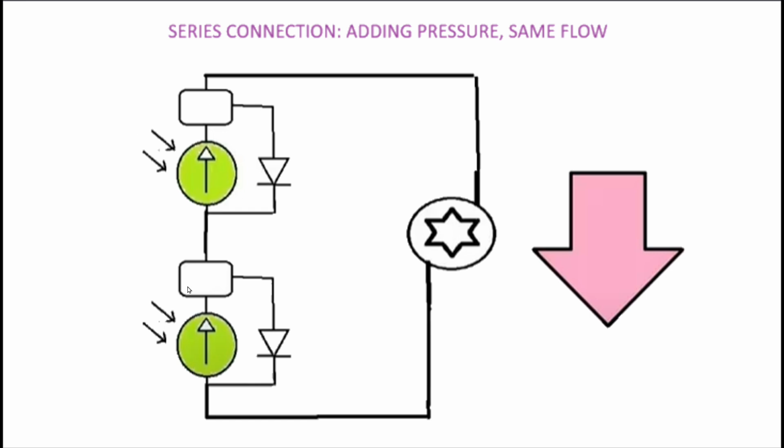So 5 here and 10 here. Around this path or circuit, the flow or current is the same at every point. So the current stays the same, but the voltages add up.